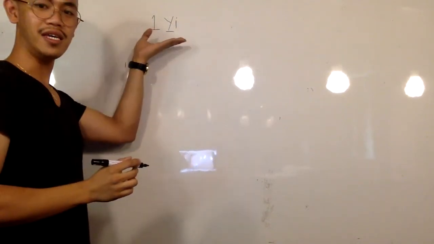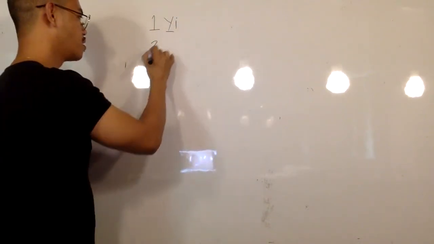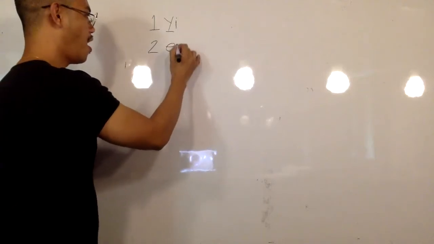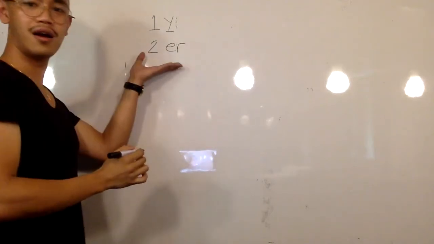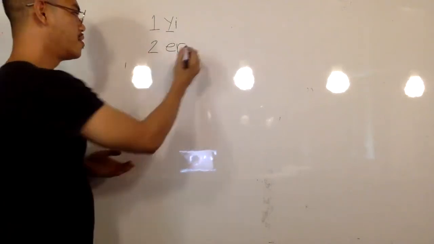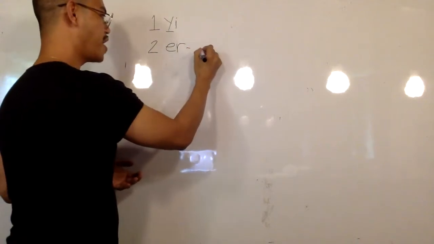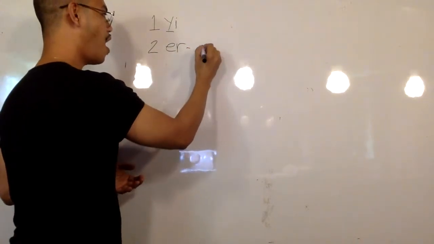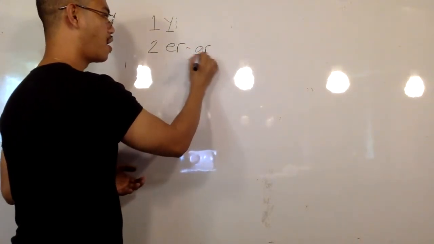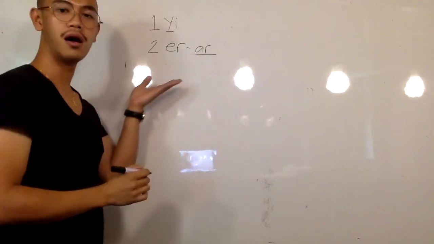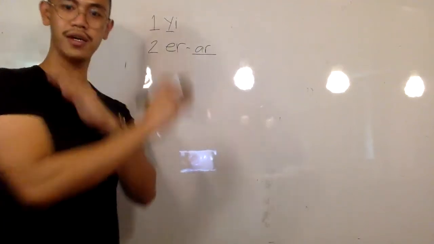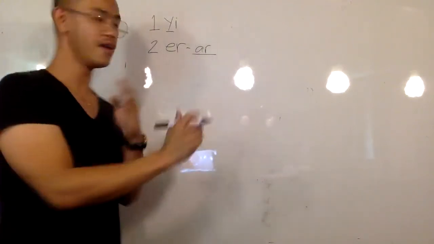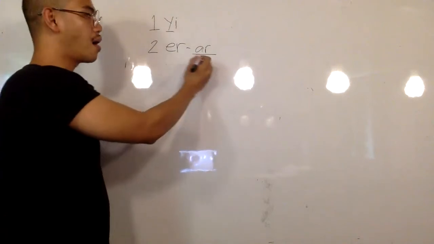Yi. Number 2 is er. You pronounce it with the A sound. Not R, that is the wrong pronunciation. We pronounce it as er.